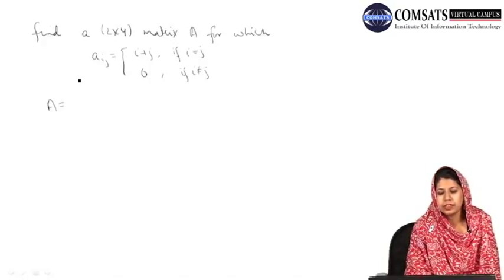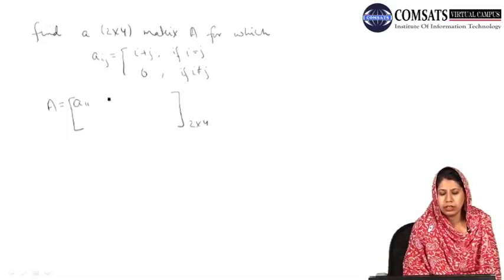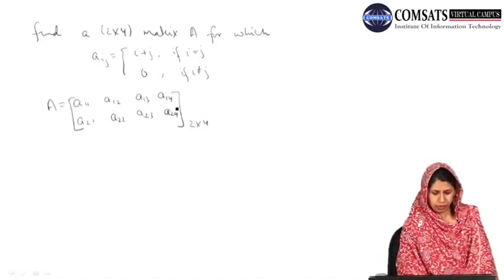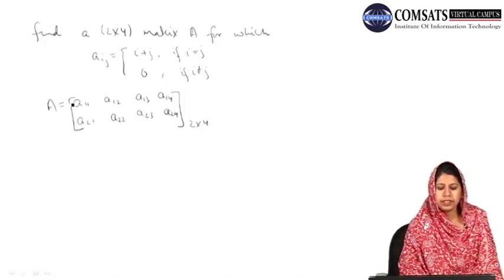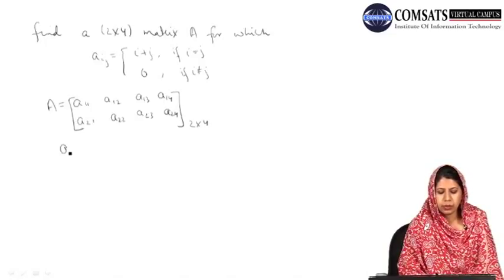So the required matrix should be of order 2 by 4, that is 2 rows and 4 columns, that is A11, A12, A13, A14, A21, A22, A23, A24. Now we have to find these entries A11, A12 and all these 8 entries. Now for A11, i is equal to j, so we will obtain 1 plus 1, which is 2.